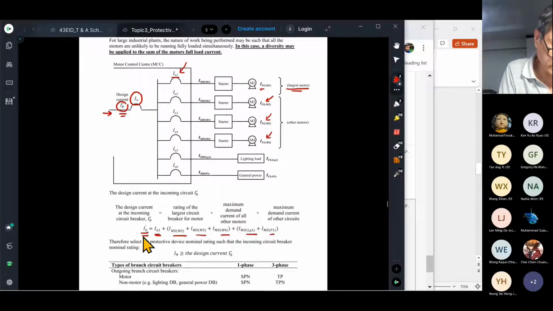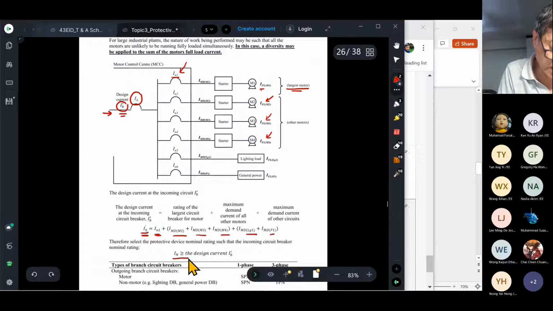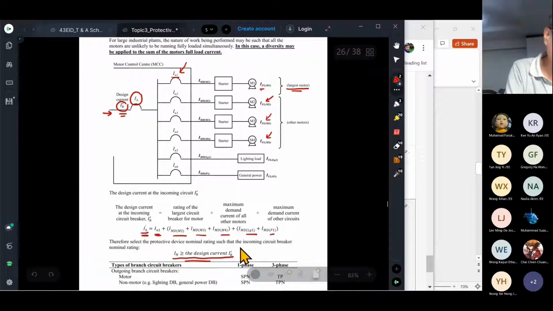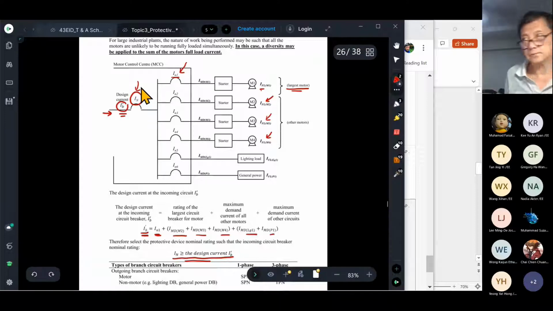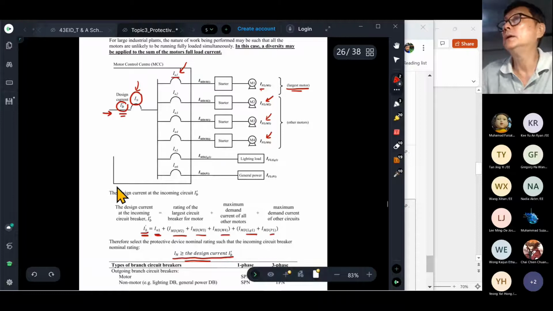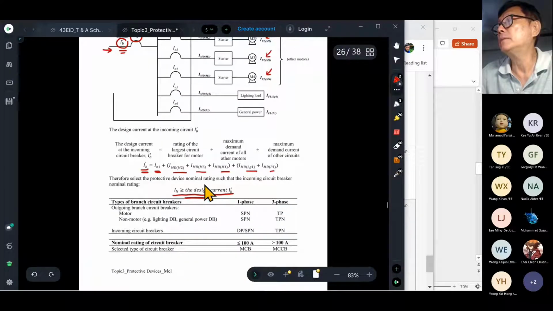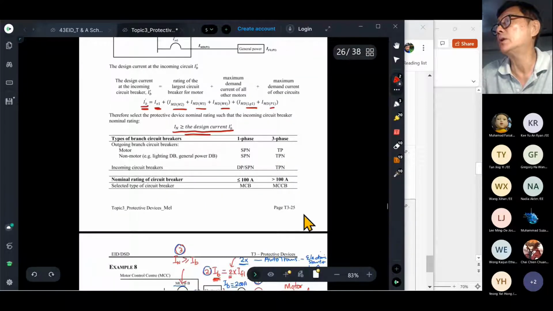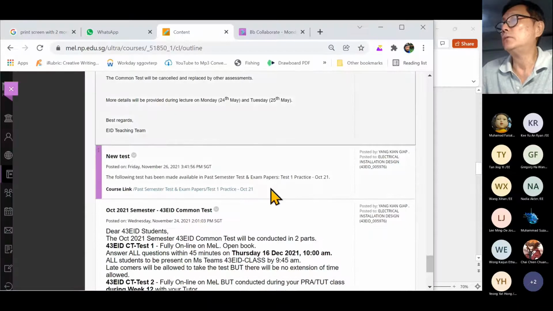Once I calculate this value, then I use the same formula that we've been using all the time to decide what should be the rating of this circuit breaker. If you are not sure where I take the theory from, I take it from page T3-25.